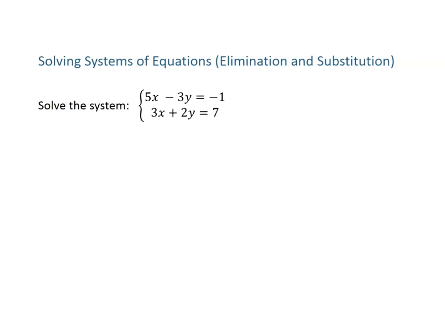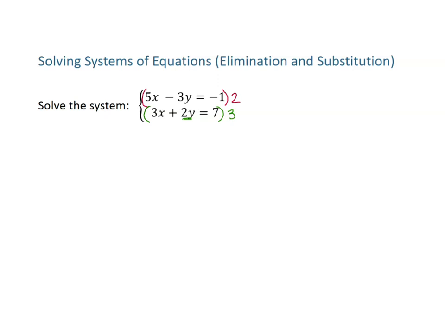I am hoping that you said 2. That's right. Negative 3 times 2 will give me a negative 6y in that spot. What about the other one? What would I have to multiply this 2y by in order to make it a 6y? Right, 3.